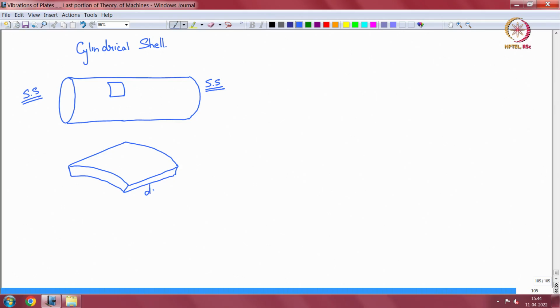This length is dx. Let us say this angle is d theta. So this is d theta by 2 and this is up till the mean, it is a. And these are the other surfaces behind.